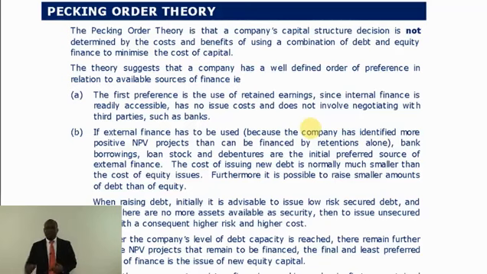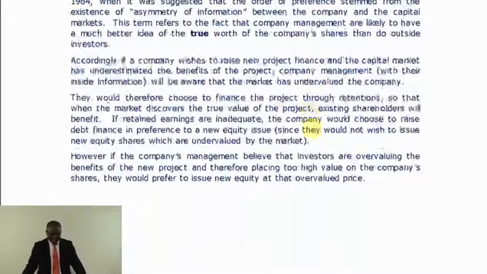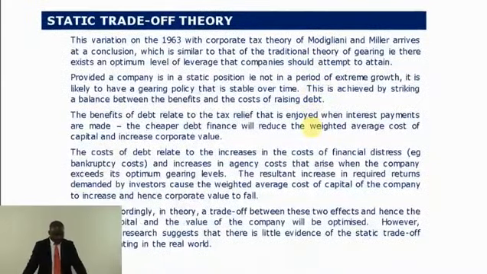If it is not available or not enough, then they have to think about convertible debt. If it is not enough or it's not available, they have to think about preference shares before eventually they think about ordinary shares. So they have a prescribed order of raising money, and that is what is called the pecking order theory.